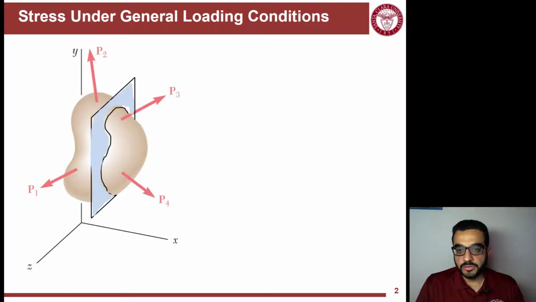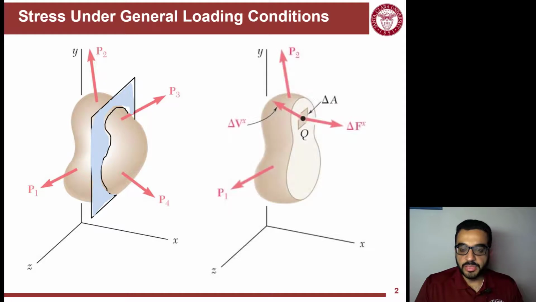If I do a cut somewhere in this potato, take out the right half of it, throw it away, I still need to represent the action of the forces P3 and P4, their influence or impact on every point of that cut. So when I start analyzing or designing this potato, I know this point will feel that type of stress, this magnitude, this direction.